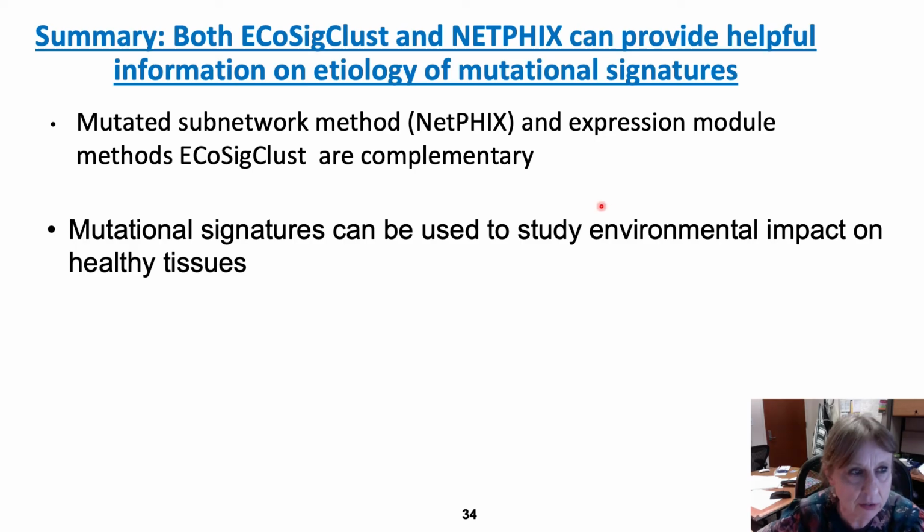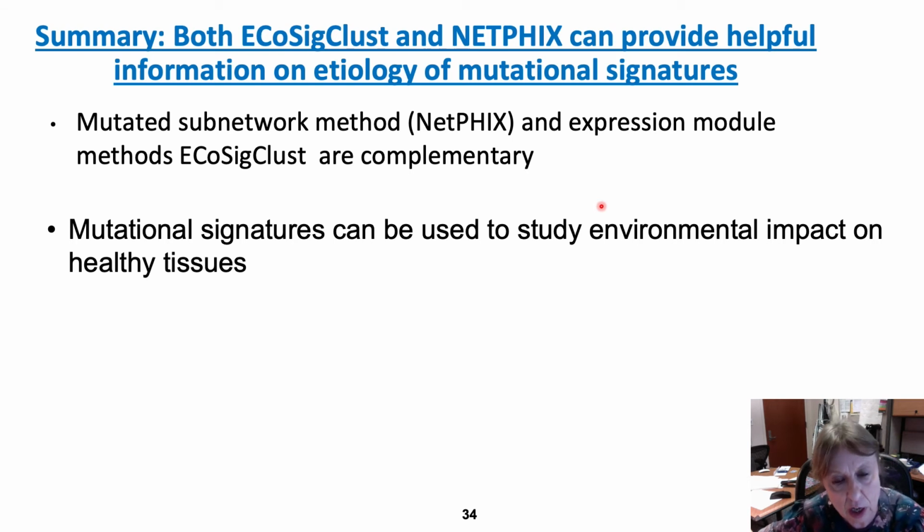A quick summary of this part. I showed two methods that are helpful to study etiology of mutational signature. Both of them, EcoSig class and Netflix, can provide helpful information about etiology. They are quite complementary.